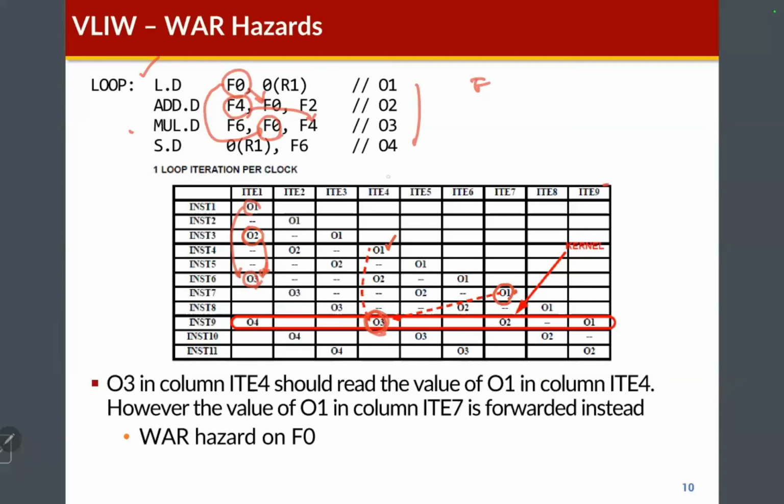So O3 needs the F0 from O1, and also F4 from O2. But if O1 tries to write the data to F0 before O3 consumes the data, then a WAR hazard can happen in this case.